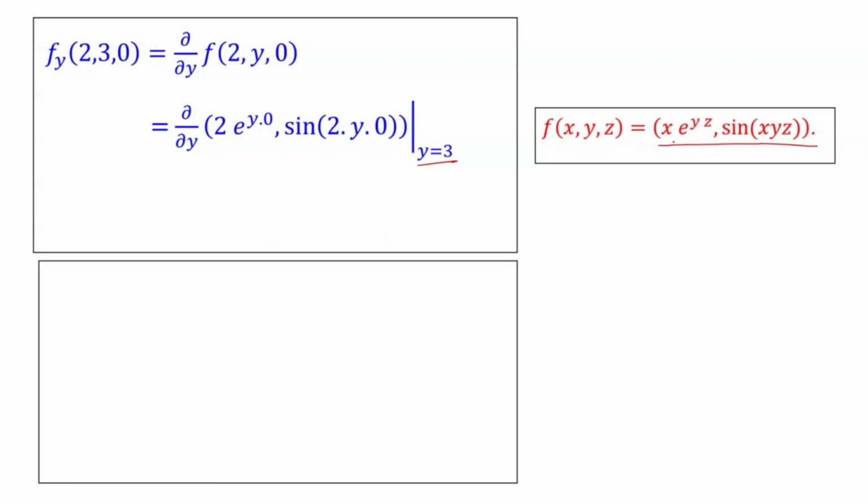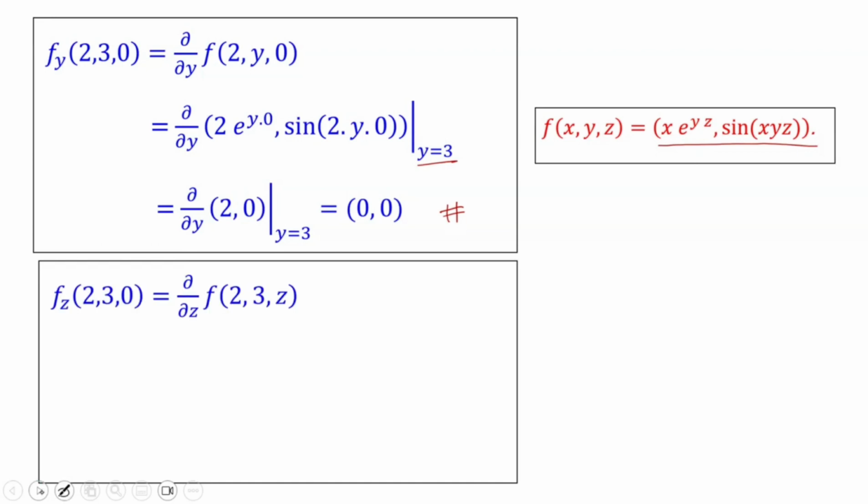So you will get 2 e to the power y times 0, and here sine 2y times 0. So we get del y of (0, 0), which gives us (0, 0). So this is the answer.